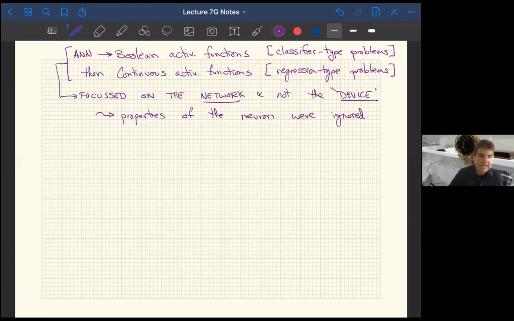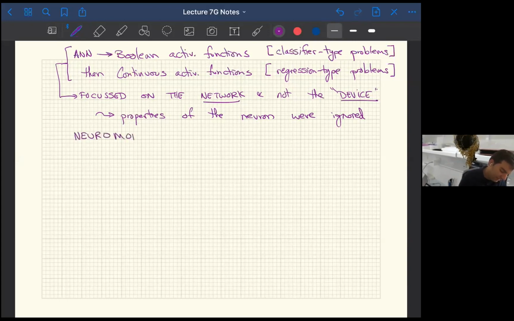And so now we're moving into a new era. Well, it's not that new. There's a field, Carver Mead, I think, is the big one associated with this field of neuromorphics.